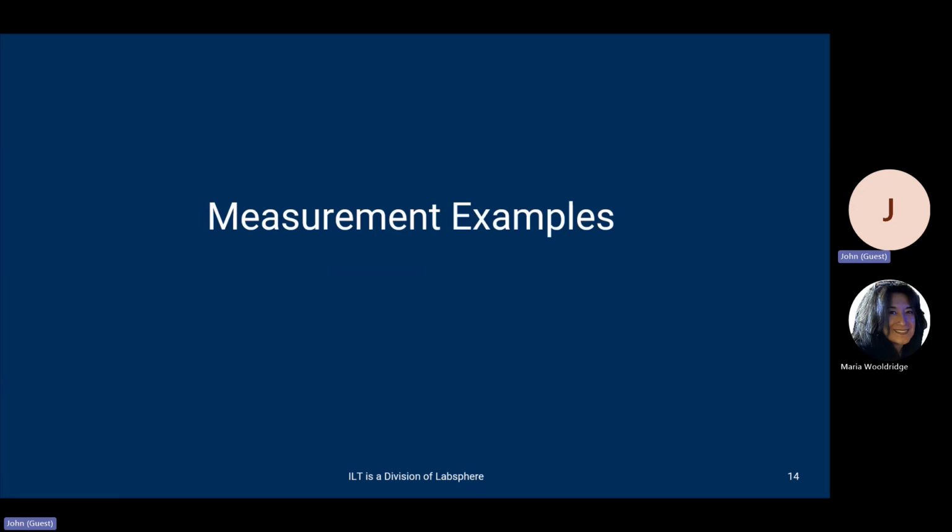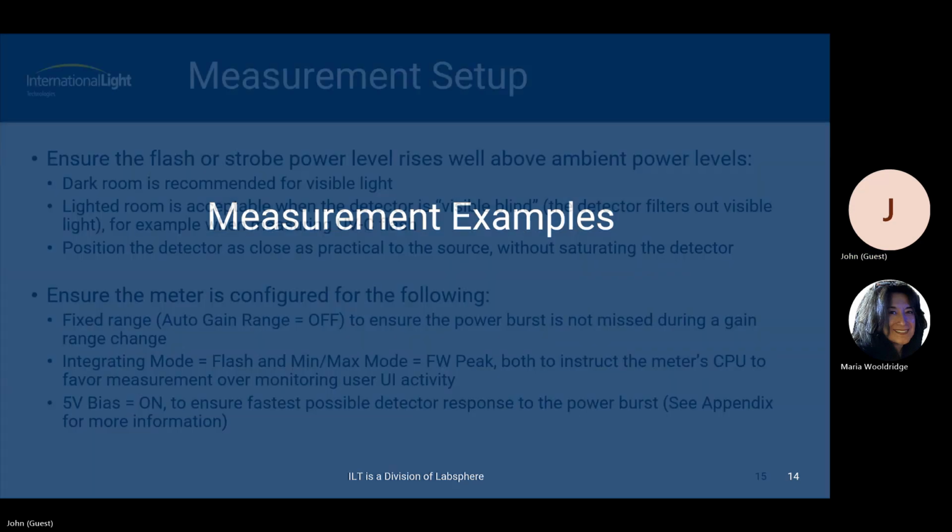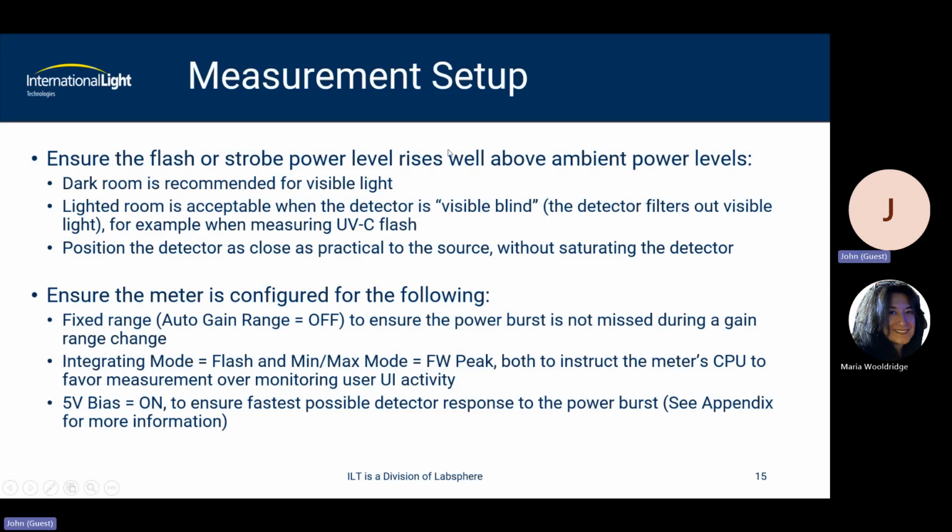So let's roll into some examples. Measurement setup. The basics when you're doing flash measurement: you want to ensure the flash or strobe power level rises well above ambient power levels.